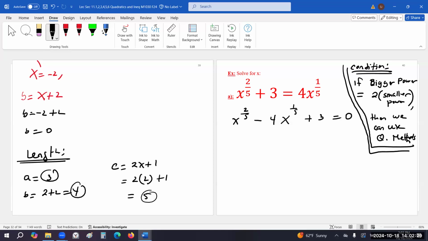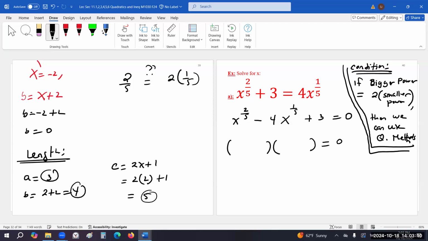Which one is bigger, 2/5 or 1/5? 2/5. So is 2/5 two times 1/5? 2/5 and 2 times 1/5 are the same. Definitely they are the same. So the bigger power is 2 times the smaller power, which means you can solve it with quadratic methods. And quadratic methods mean factoring or the quadratic formula.